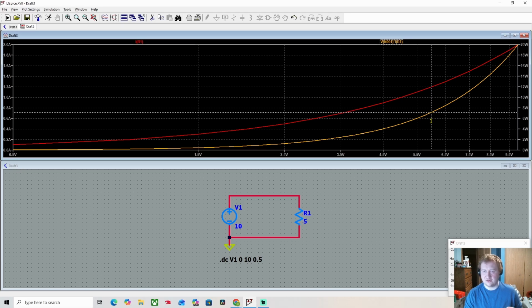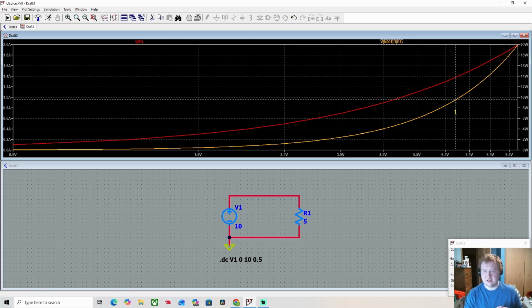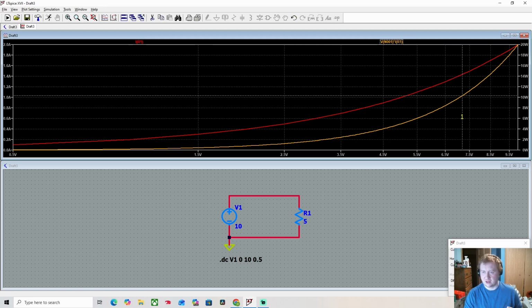And then it just keeps going up and up. So that's why it's a much steeper change. And of course at 10 volts it's 20 watts.